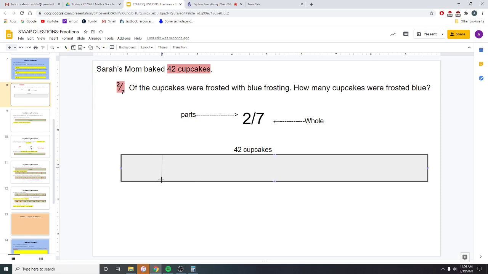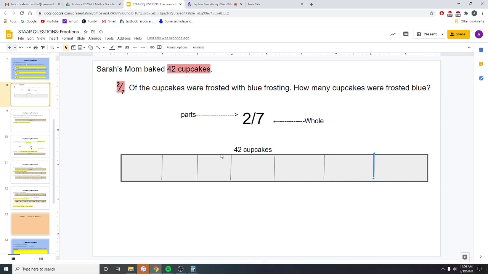So we have 1, 2, 3, 4, 5, 6, and 7. These are 7 equal pieces. I know they don't look equal, but let's pretend they are.